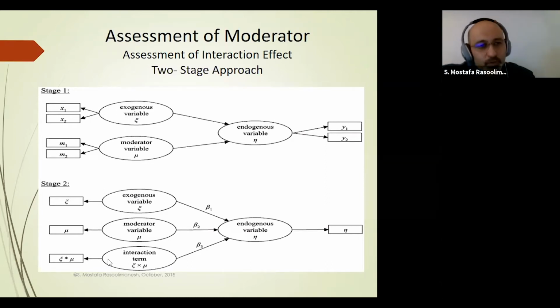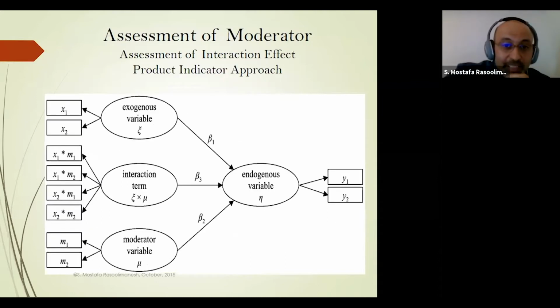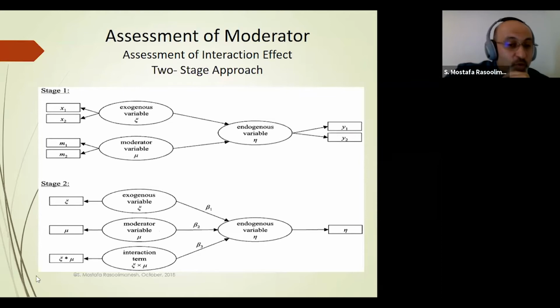If either your IV or moderator is formative and the other one is reflective, the product indicator method is not possible to apply. You have to apply two-stage.